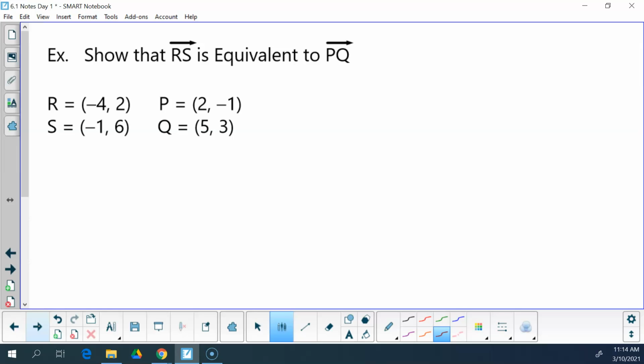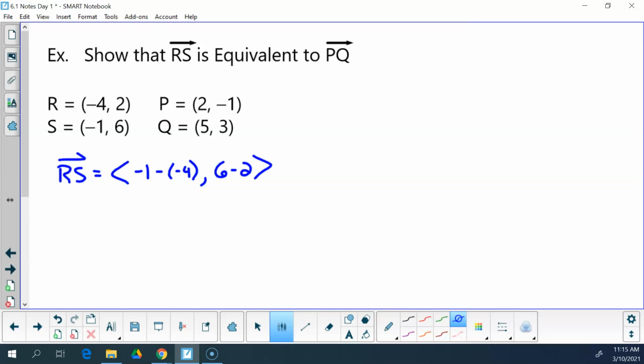So we need to show that vector RS is equivalent to vector PQ. Well, vector RS is going to be -1 minus -4, comma, 6 minus 2.